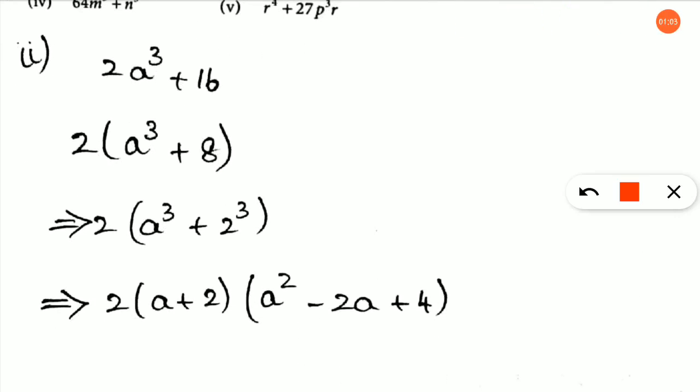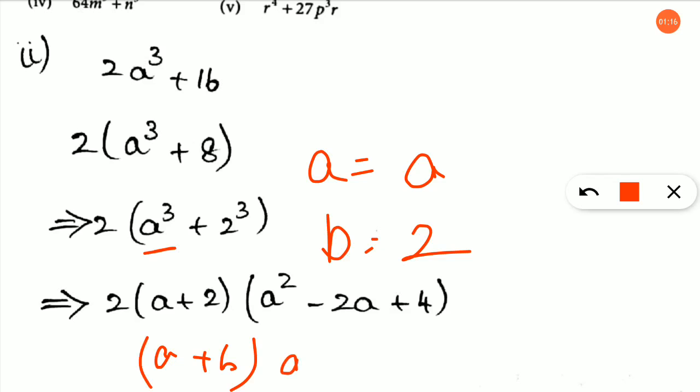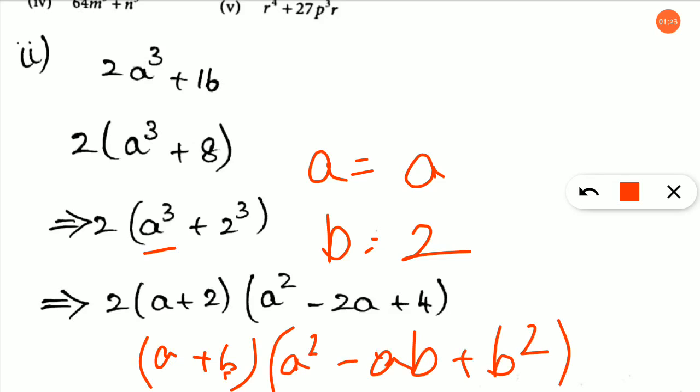Here first you have to write a is equal to, the value of a is a only and b is 2. You are going to substitute it. Here it is a plus b and then a square minus ab plus b square. You are going to substitute in the formula, and this value 2 should be kept here itself. So 2 into a plus b, a value is a, plus b will give us 2.